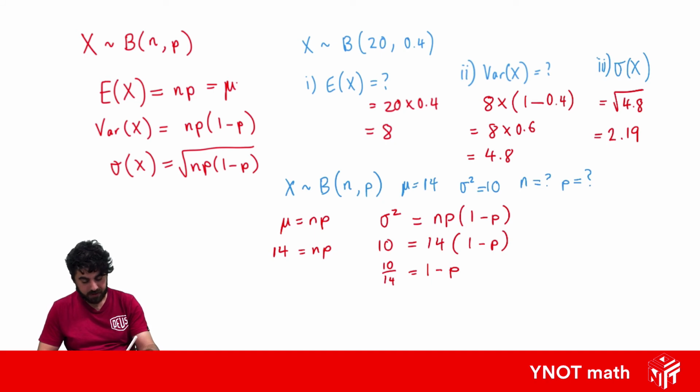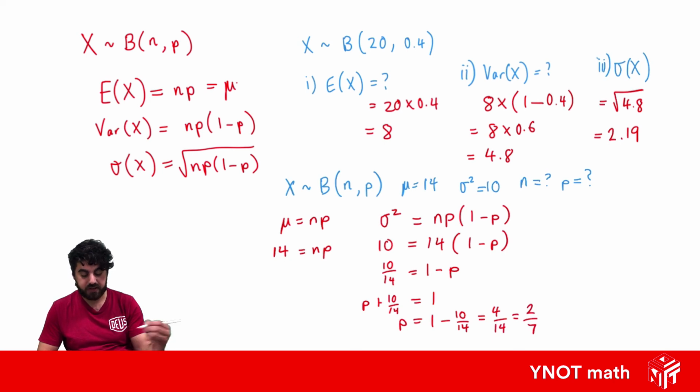Let's go ahead and make p the subject, so we can add p to both sides. Equals 1, and then subtract 10 over 14 from both sides, so we get 1 minus 10 over 14, which is going to give us 4 on 14, which is equal to 2 over 7 for p.